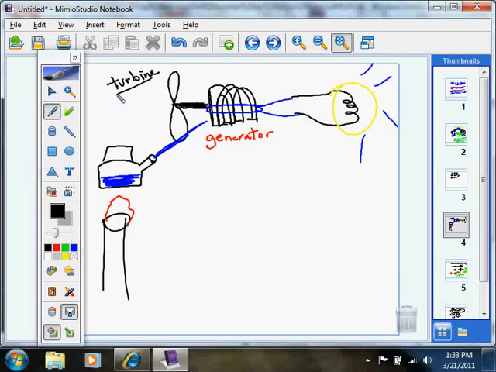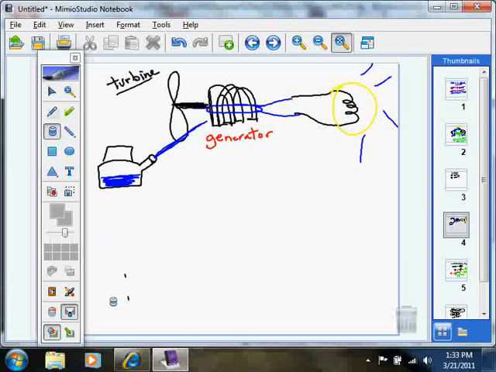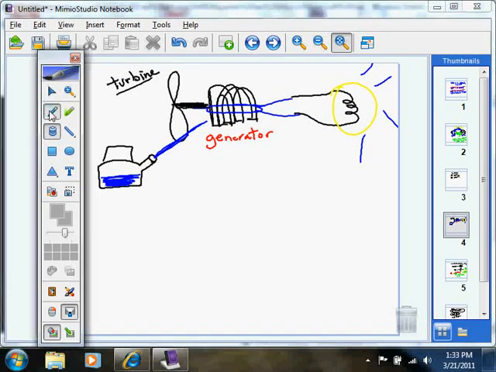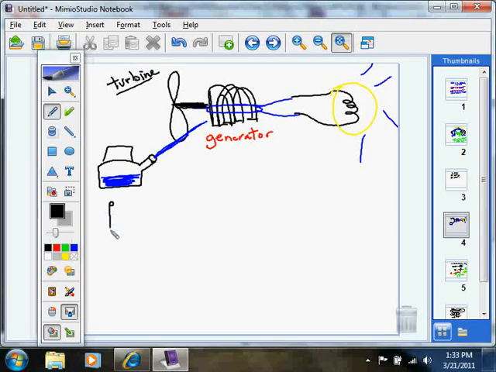Now there's another way to heat the water, and that is you could use nuclear energy. With nuclear energy, you have these fuel rods, and these fuel rods contain uranium atoms, which are big, unstable atoms.